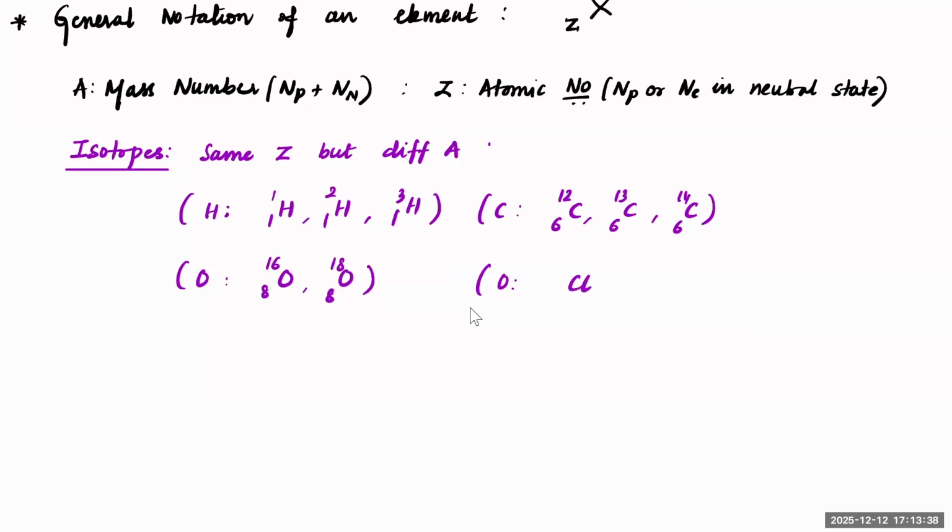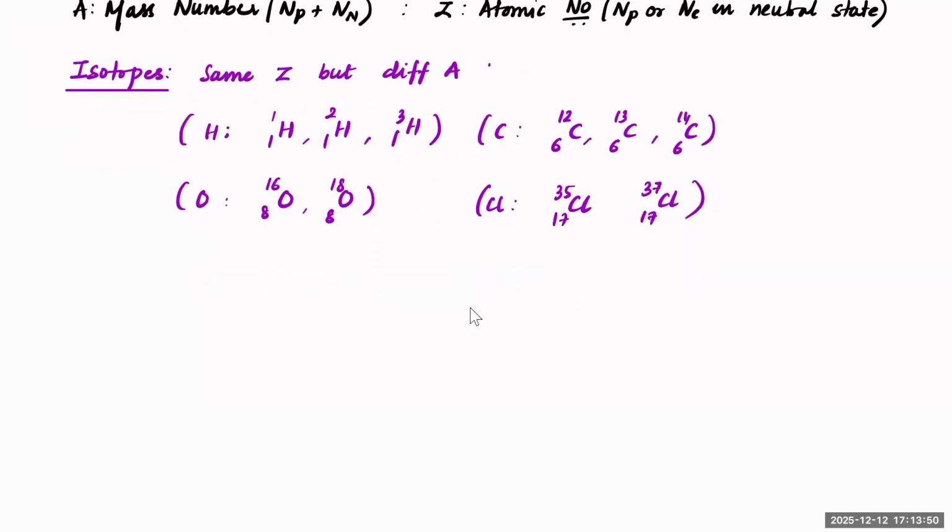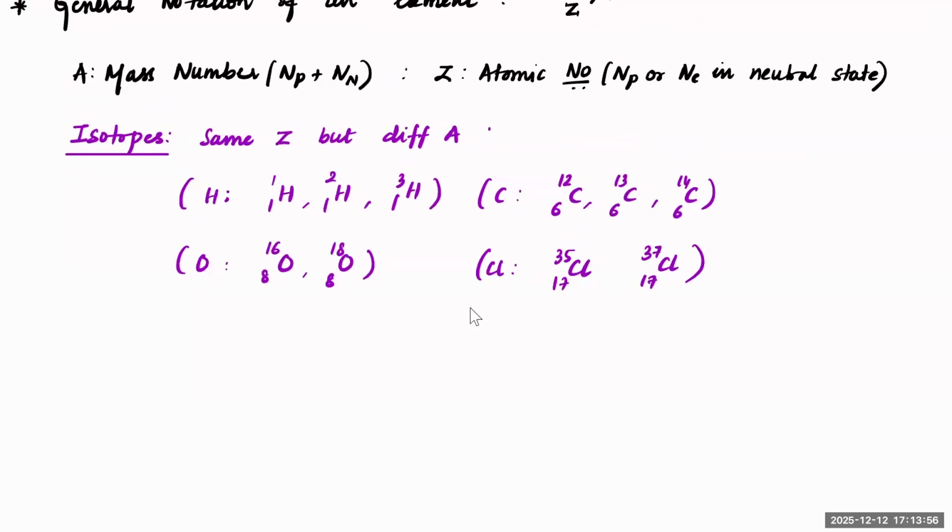If it comes to chlorine, we have 35 17 and we have 37 17. So like this, for every different element, you may have different isotopes present. And their composition may be different in nature.